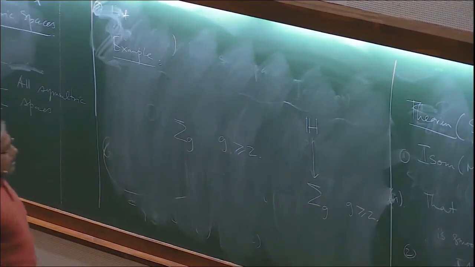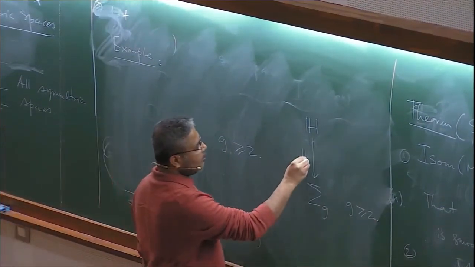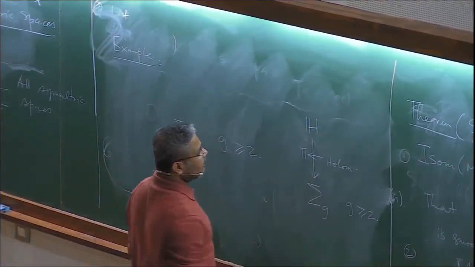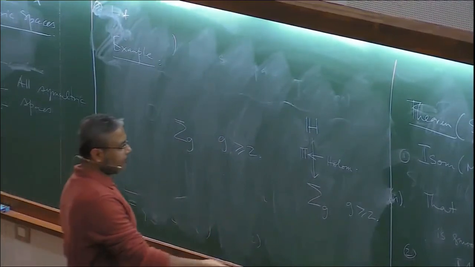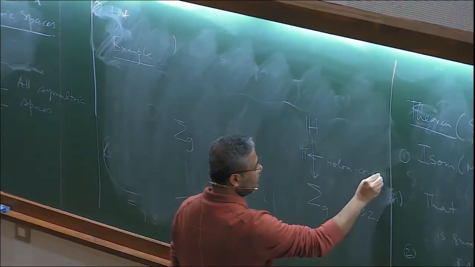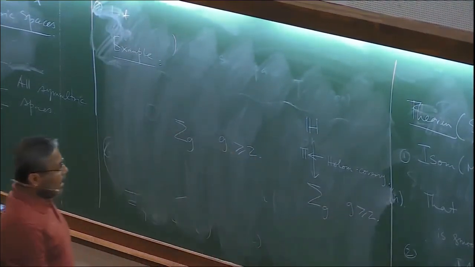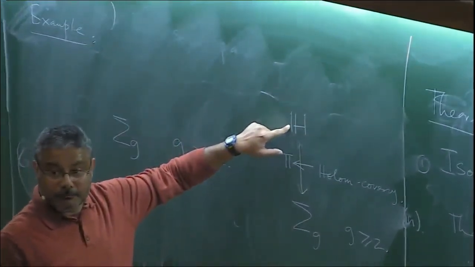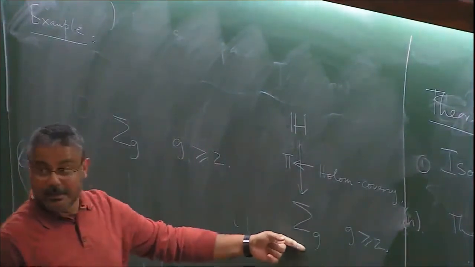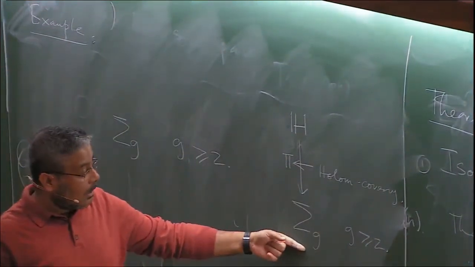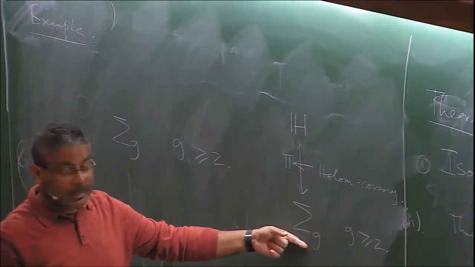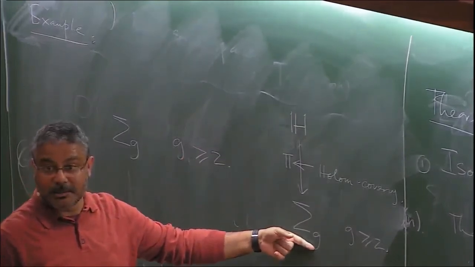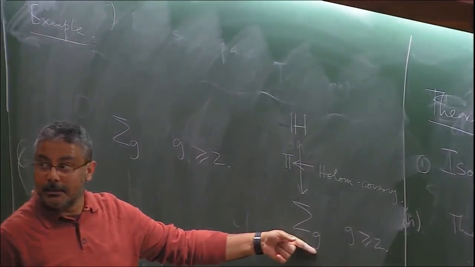And this is a holomorphic map, a holomorphic covering. I have a metric here that you have seen. I bring down the metric here. With respect to that metric, H is a symmetric space. With respect to that metric, Σ_G is only a locally symmetric space. It cannot be a symmetric space.